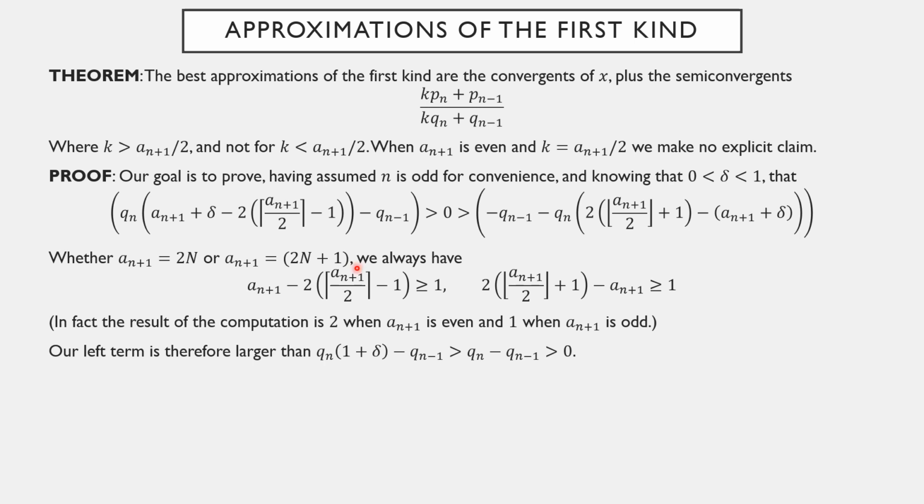So the left term, which includes an plus 1 minus 2 times that, is larger than if this was a 1 plus delta. So I have a qn times 1 plus delta minus qn minus 1. I want to show this is positive. Well, it's definitely bigger than this. And here I have a 1 plus delta. That's definitely bigger than a 1. And qn is definitely bigger than qn minus 1, so this is definitely positive.